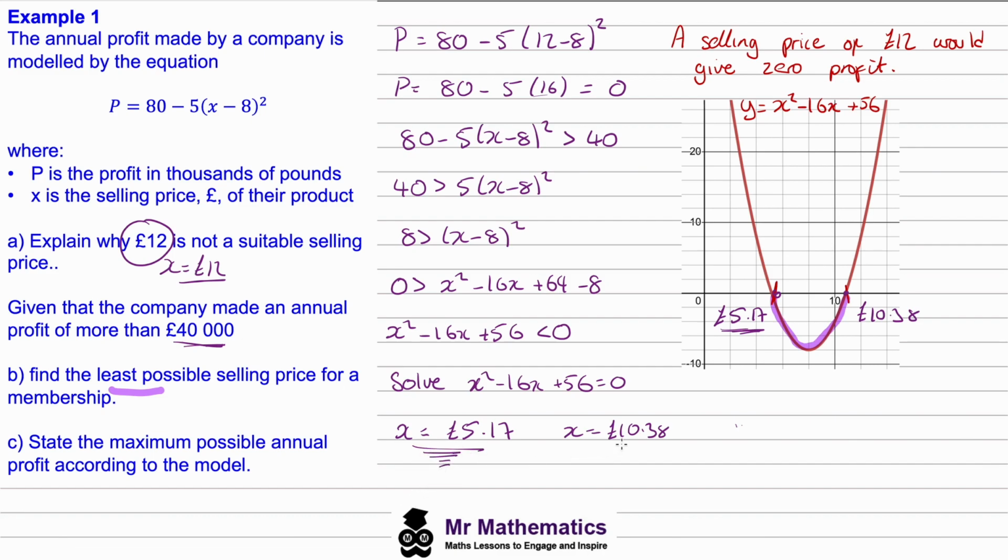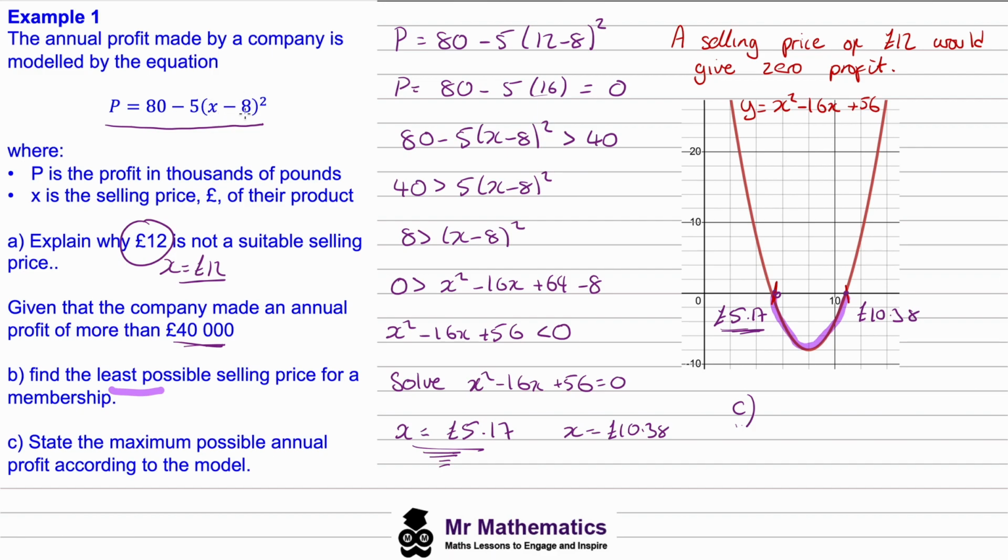And then for part C, state the maximum possible annual profit according to the model. So if we look back at this model, the maximum possible profit is when we have the 80 take away 0. So we need this part of the quadratic to equal 0.